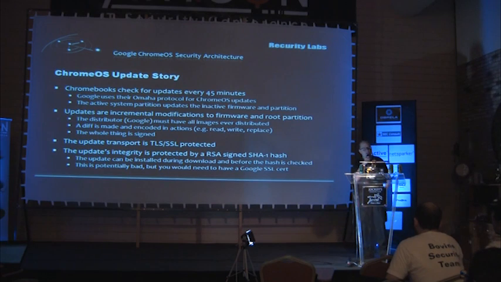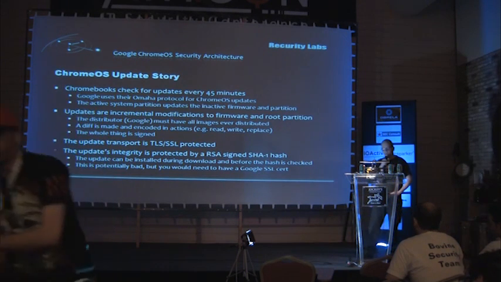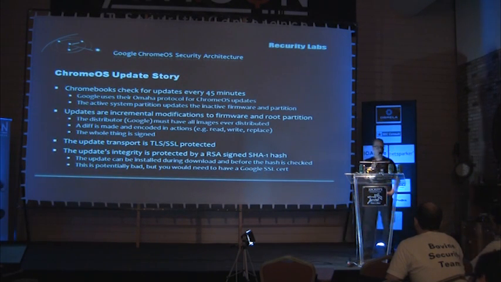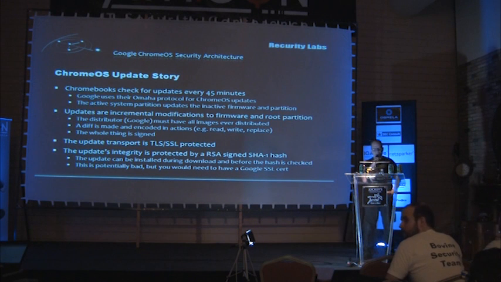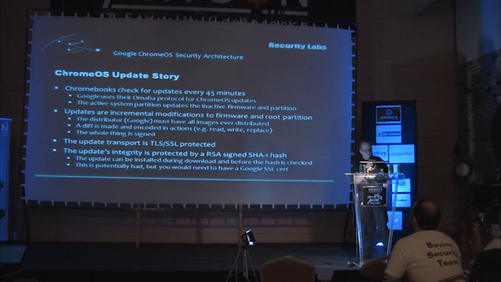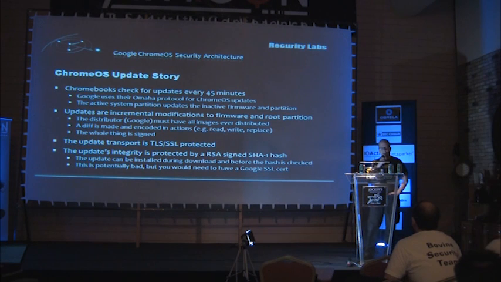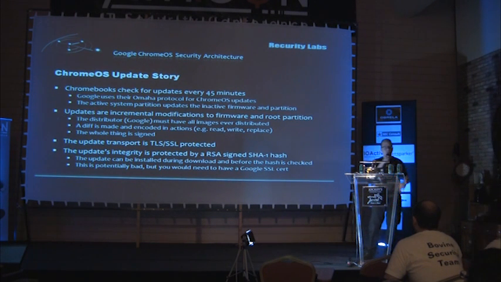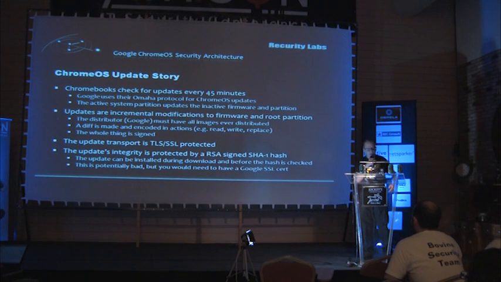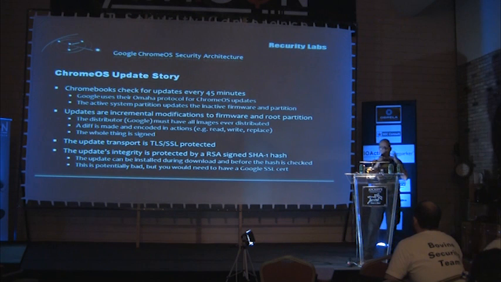The update story with the Chromebooks is a bit strange. As I said, it does not allow user intervention. Every 45 minutes, it talks to Google using Google's Omaha protocol. And then it takes the active system partition, and it runs an update on the inactive system partition. The updates are incremental modifications of the firmware and root partitions.